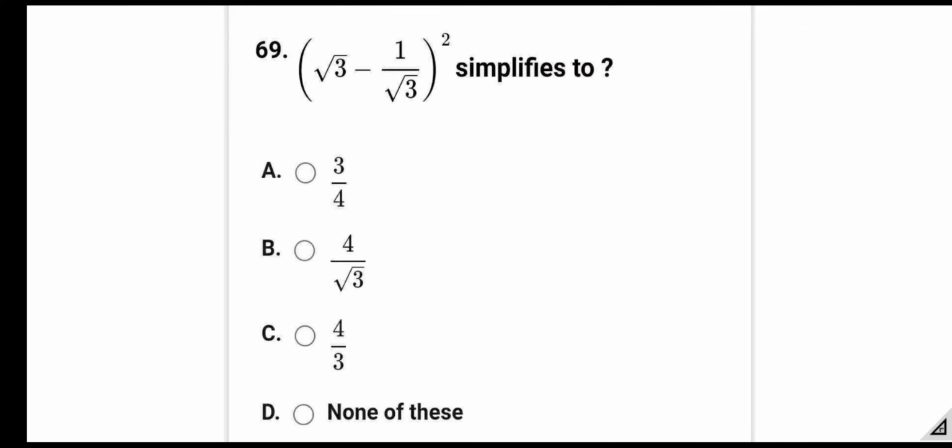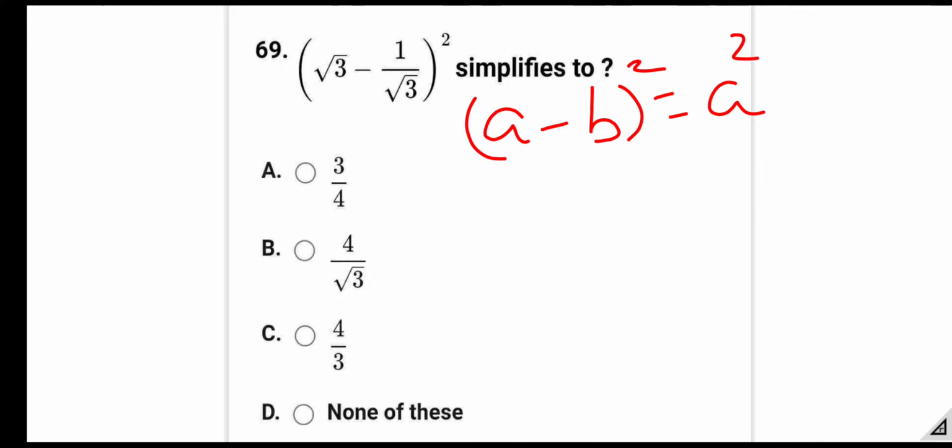Next question. Under root 3 minus 1 by under root 3, whole square, simplifies to. Now again, using the formula (a minus b) whole square is equal to a square plus b square minus 2ab. Now a is equal to under root 3 and b is equal to 1 by under root 3.